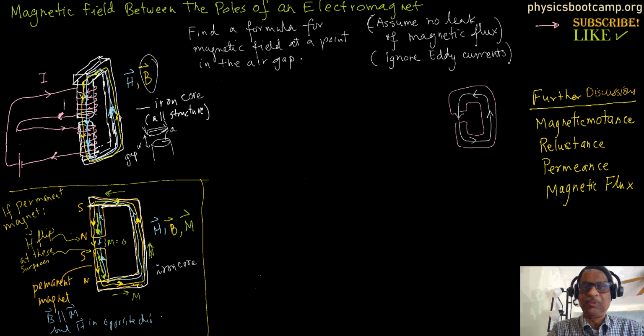You might think that when it comes out over here, some magnetic field might leak out of this area. It might go like that, but we'll say that it's more like this. All the magnetic fields are just forming a closed loop, and all of them that come in here go through this and come out here. So that's what no leakage means.